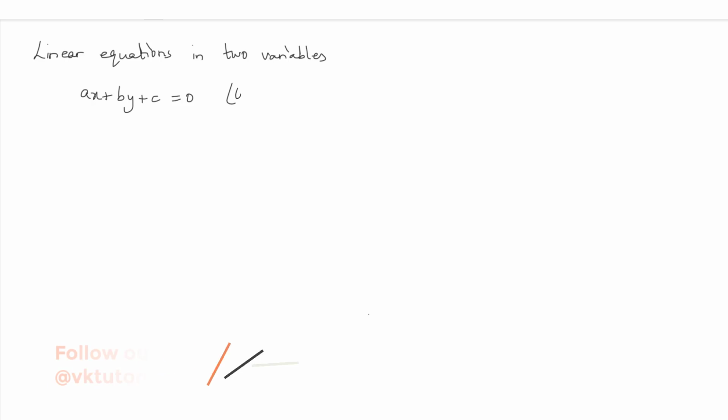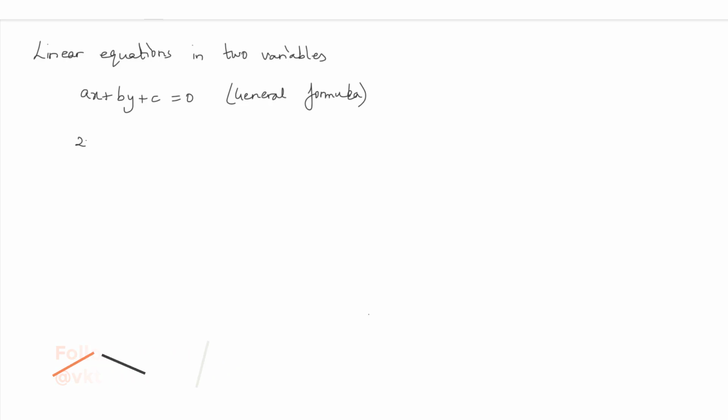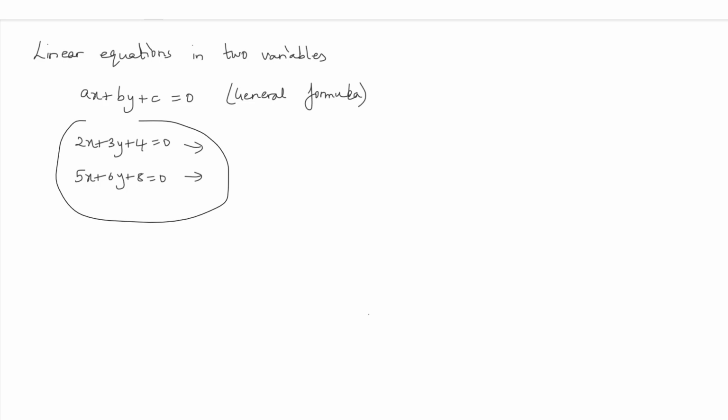This was a general formula. Some examples of linear equations were 2x plus 3y plus 4 equated to 0, 5x plus 6y plus 8 equated to 0. These were some examples of linear equations which we know.